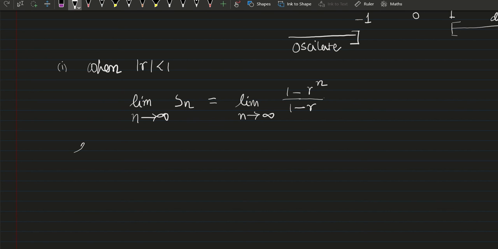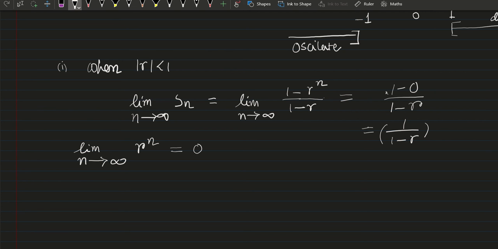Limit n tends to infinity of r to the power n, as r is less than 1, is obviously 0. So the value will be (1 minus 0) by (1 minus r), which is 1 by 1 minus r.